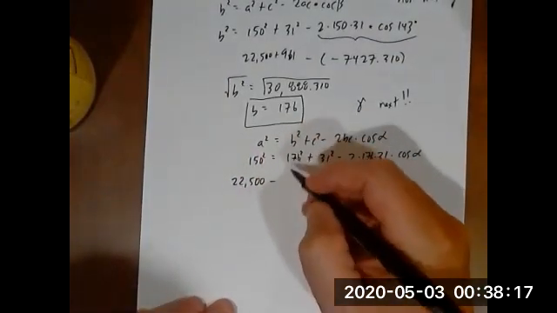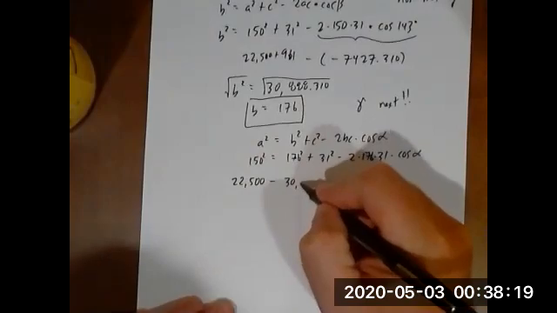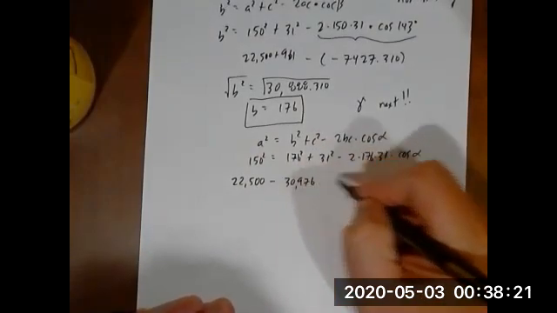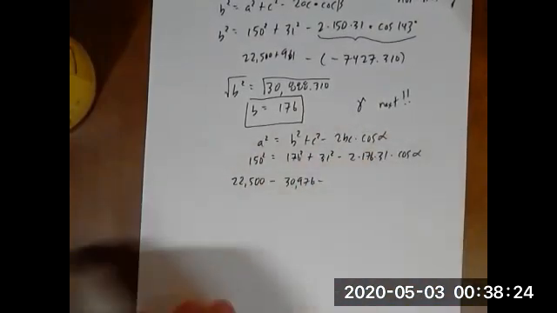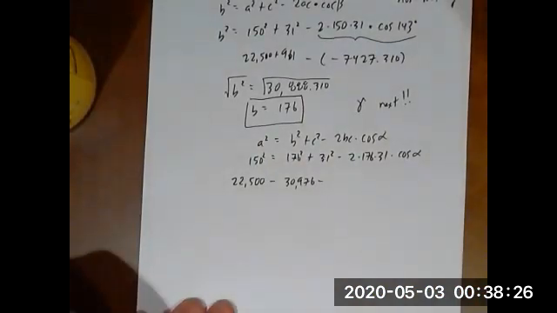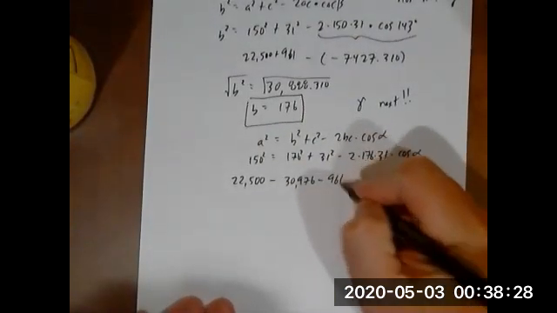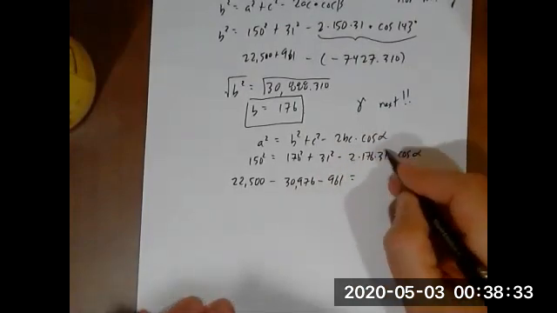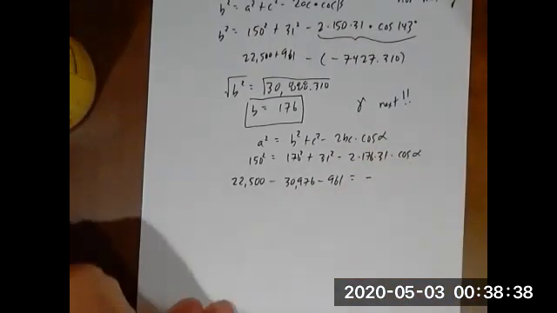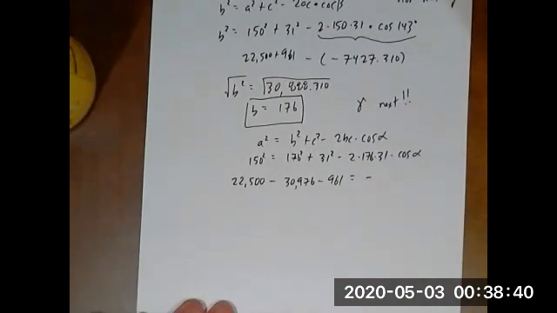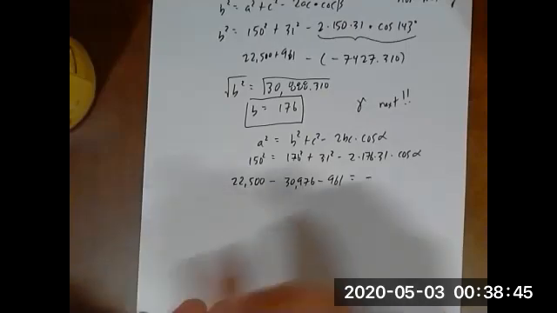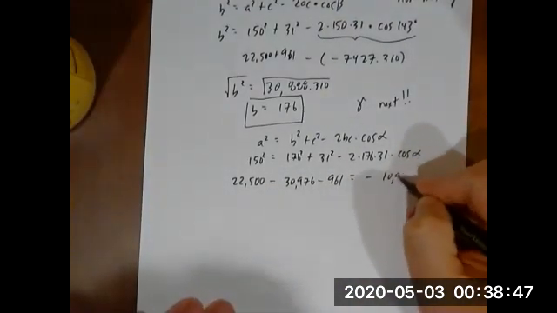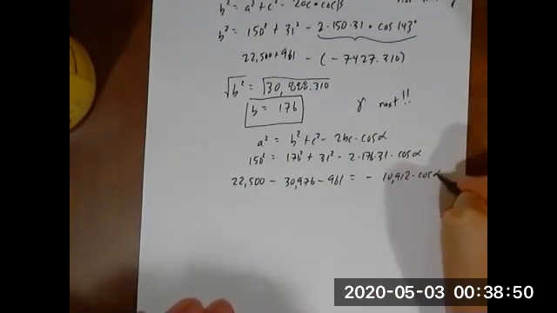So I have to subtract 30,976 and then subtract 31 squared, 961, and that equals, let me go and multiply these three numbers here. 2 times 176 times 31. First of all, it's negative. So 2 times 176 times 31, 10,912 times cosine of alpha.